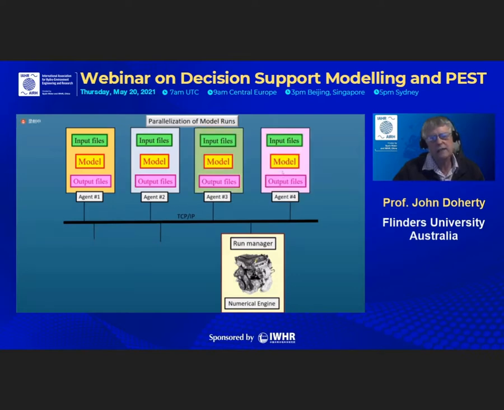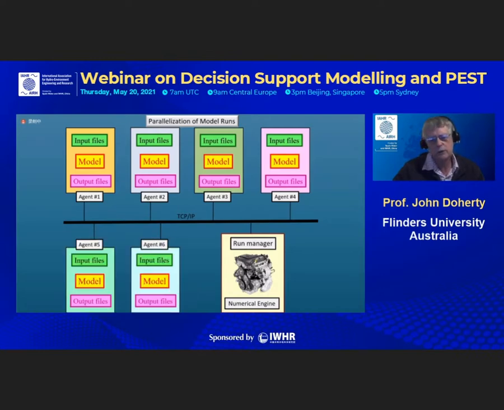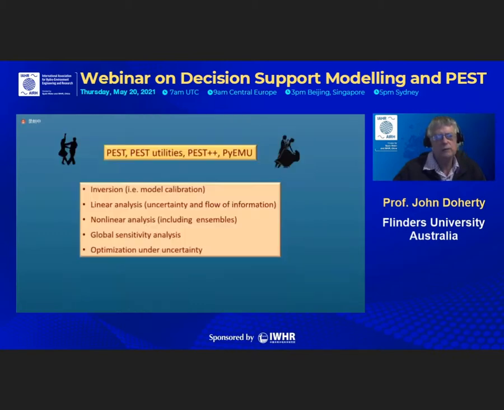They're done by agents that can reside on the same computer or on different computers with communication between them done using TCP/IP, that is the language of the internet. So between those, non-intrusive interface, parallelization of model runs, we can dance, we can do decision support modeling so much better today than we could just a few years ago, but according to rules which enable this to happen in the best way possible.